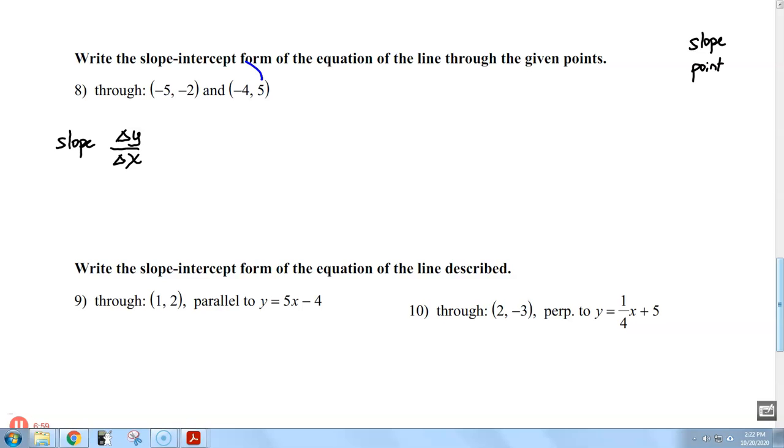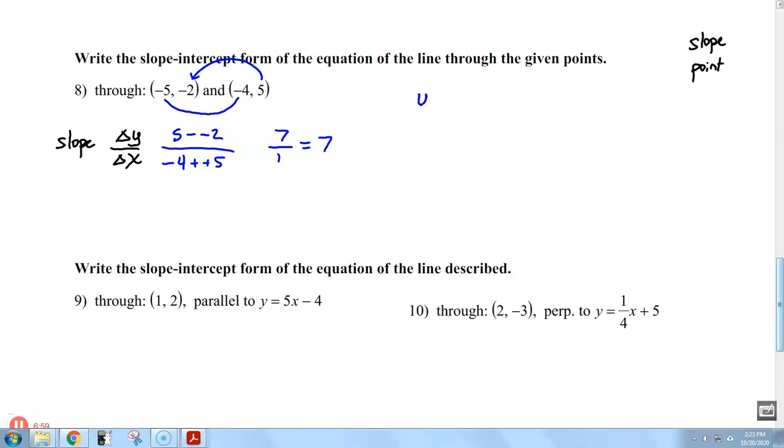So change in y is 5 minus negative 2, change in x is negative 4 minus negative 5, and that's going to give me 7 over positive 1.